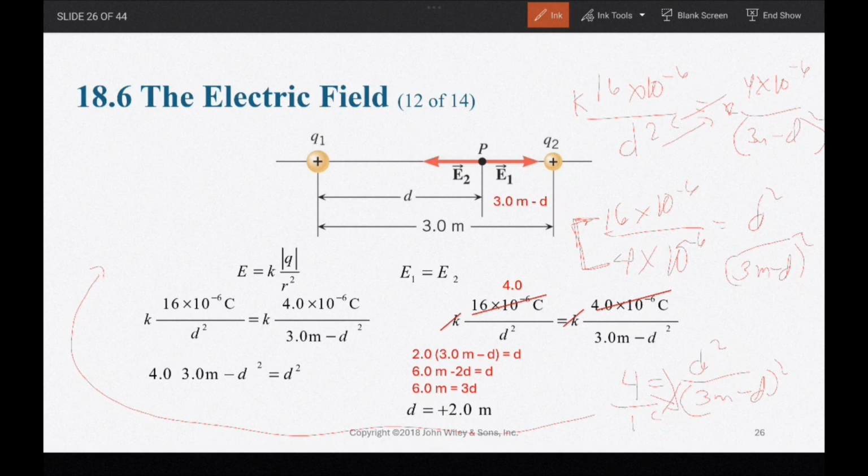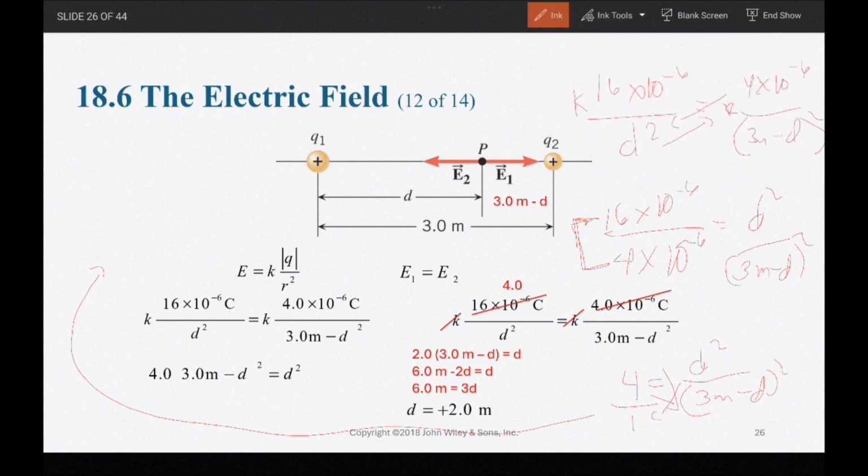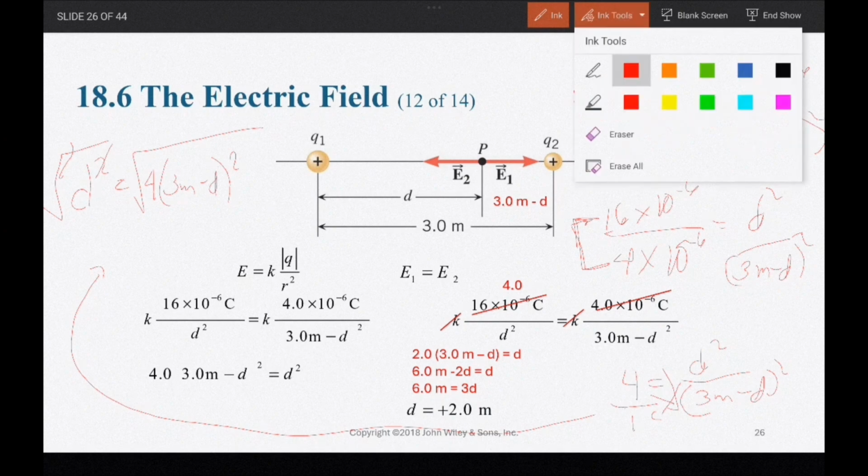So, we got the 3m. Oh, sorry. What do we have here? It comes out that d squared is equal to 4 multiplied by (3m minus d) squared. To remove the square, we put a square root. Cancel, cancel, and we just take the square root of this.